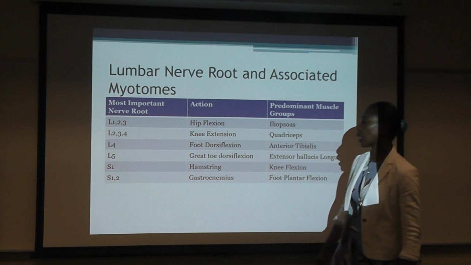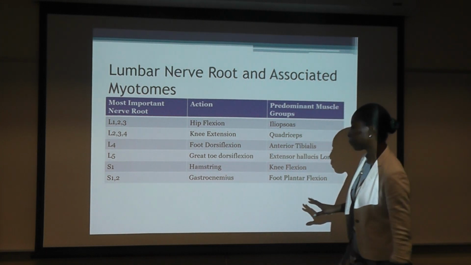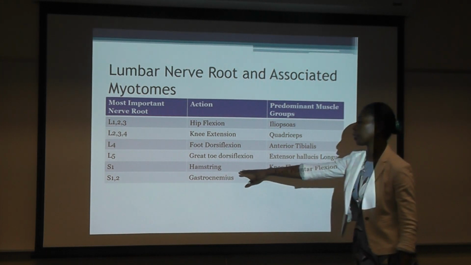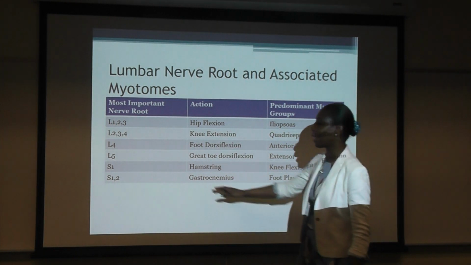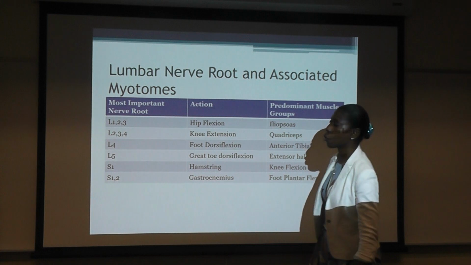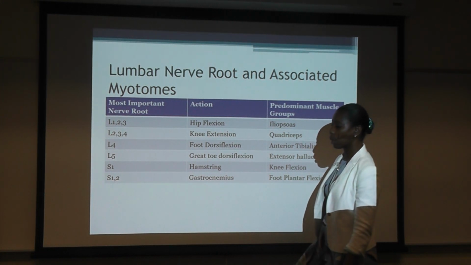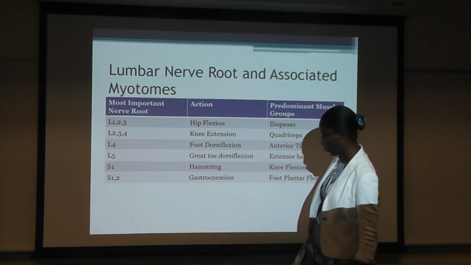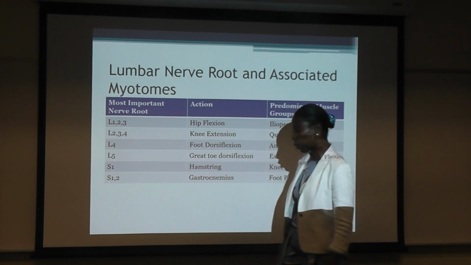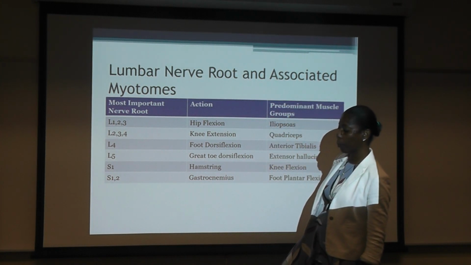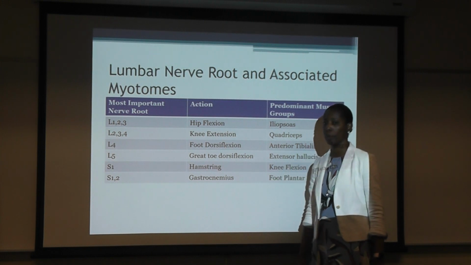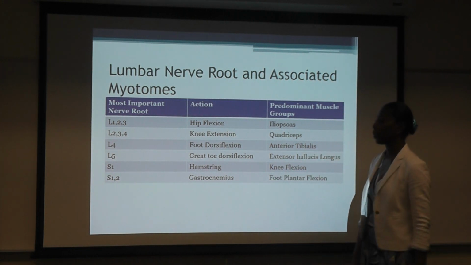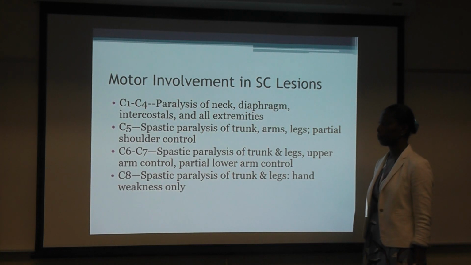Actually, that's testing your hamstring with your knee flexion. That's testing S1. And then S1 and S2 is your gastrocnemius, which is take your foot and put it on the pedal, okay? So plantar flexion. I'm going to tell them to push like they're stepping on the gas pedal, okay? And that's implicated with S1.